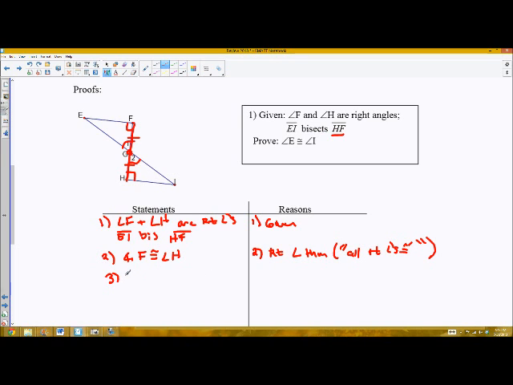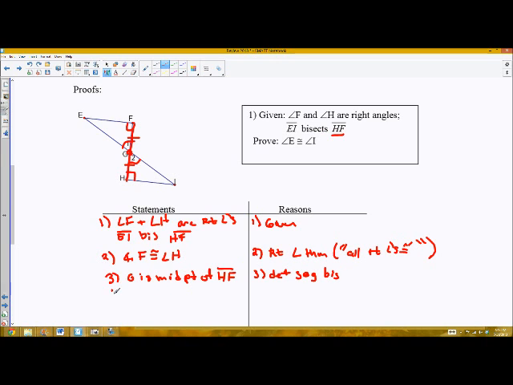Next, we're going to say that G is the midpoint of HF. We cannot jump right to the fact that those segments are congruent because I first need to use the definition of segment bisector, which is what we're doing here.